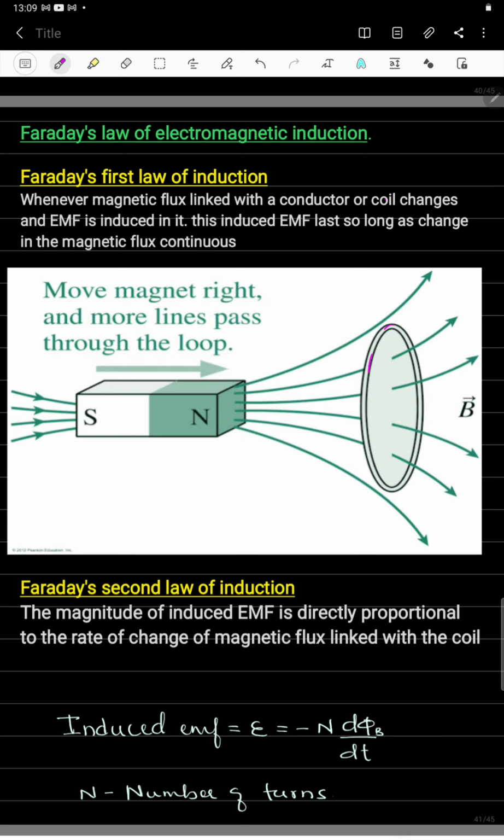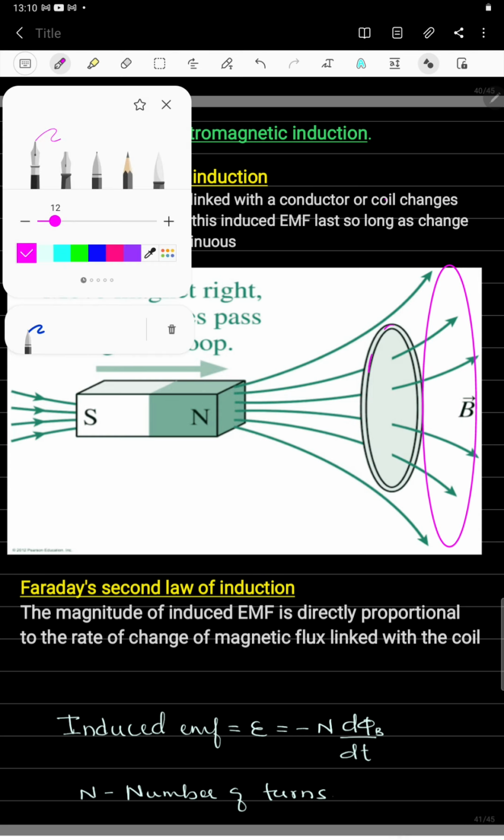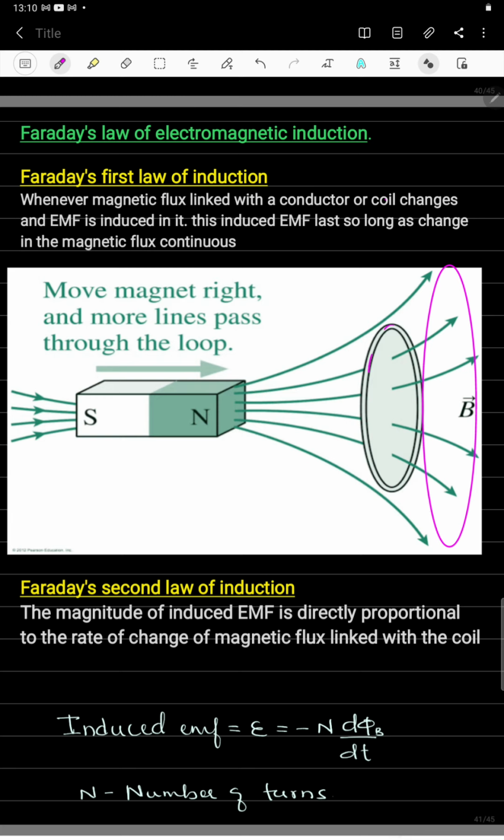It means, see here, if I take this conductor and this conductor, in this conductor the number of field lines passing through it is very less compared to this conductor, for which the number of field lines passing through it is a maximum compared to this conductor.